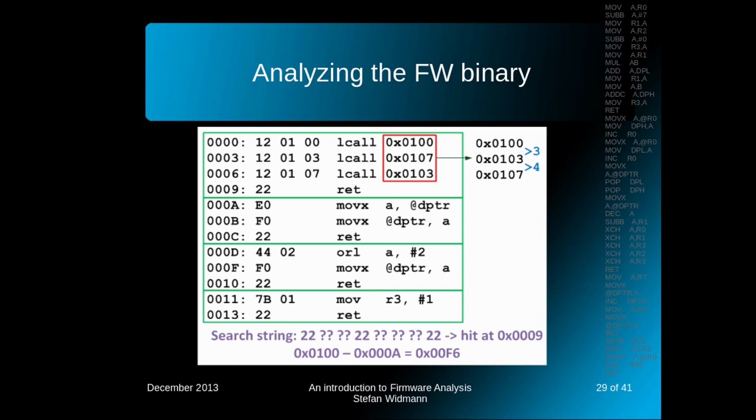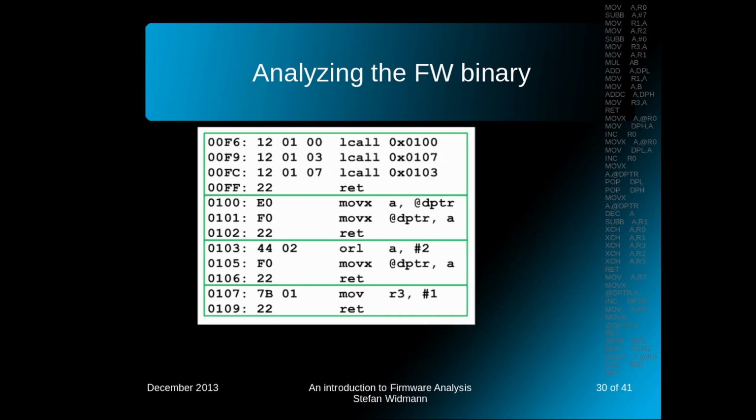If we apply this newly found load offset to the code, and we adjust the offset, starting now at F6 on the left column, we see that all 3 subroutines now match. The call to 100, the call to 107, and the call to 103.